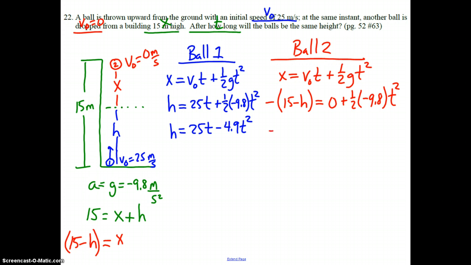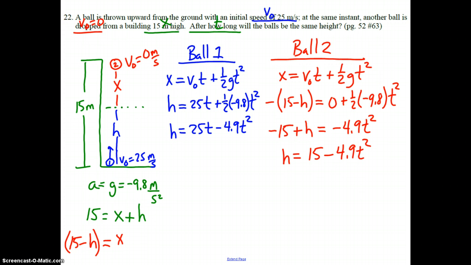Continuing to clean it up, negative 15 plus h, distributing the negative 1, equals negative 4.9t squared. Isolating for h, add 15 to both sides: h equals 15 minus 4.9t squared.